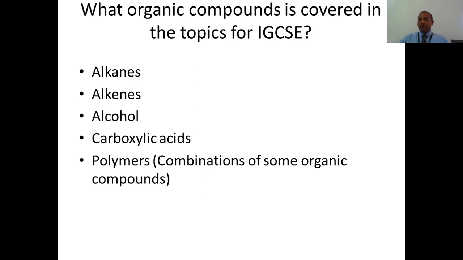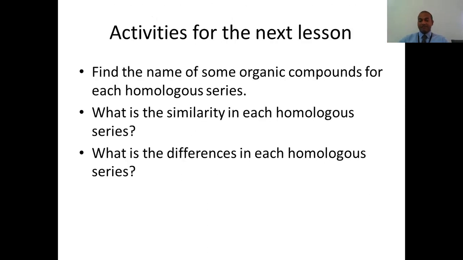Before I finish the lesson today, which is very short as I promised earlier, I have 3 questions for you to ponder before you watch my second lesson. Activities for the next lesson.